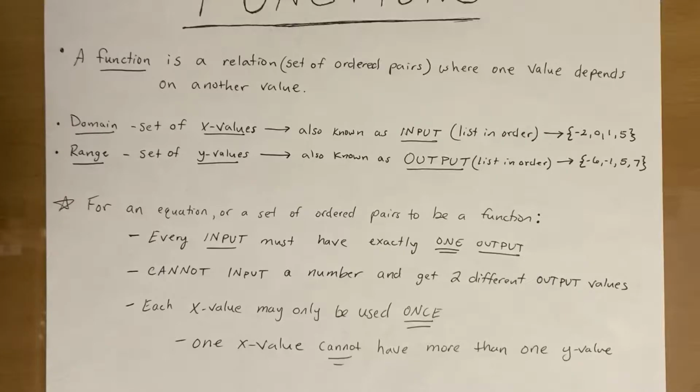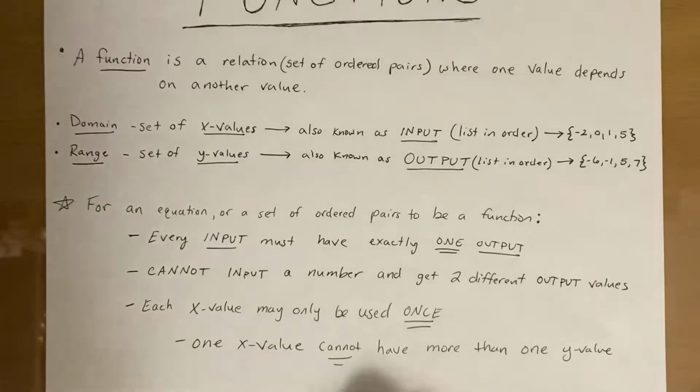So when I'm talking about my function, if it's a linear function, it's going to look like slope-intercept form. So if I input a value for x, so let's say I input 2, I can't get more than one output for 2. So I can't put in 2 and get -1 and 7. Can't work. Each x value may only be used once. One x value cannot have more than one y value. So those are basically the rules of how to identify a function.